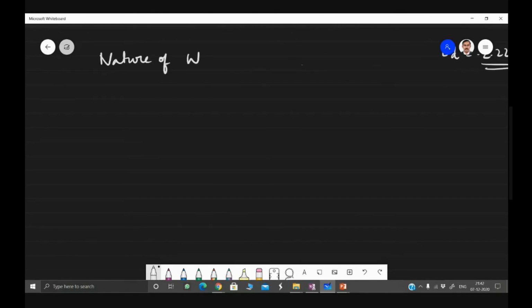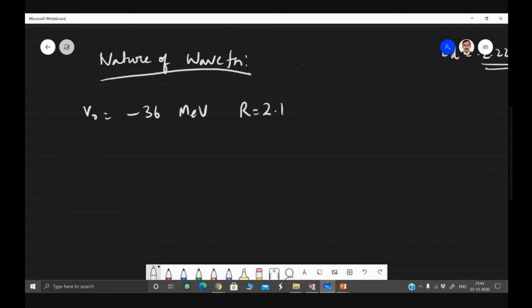So we just write V naught is equal to minus 36 MeV, R is equal to, let us say, 2.1 Fermi, and corresponding to these values, the value of K comes out to be around 0.9 Fermi inverse.